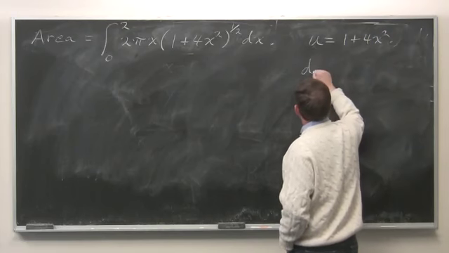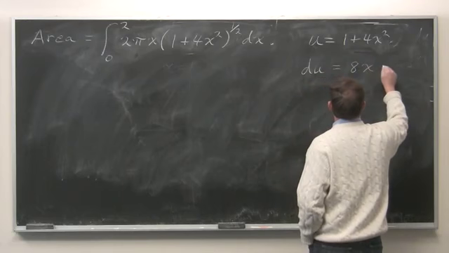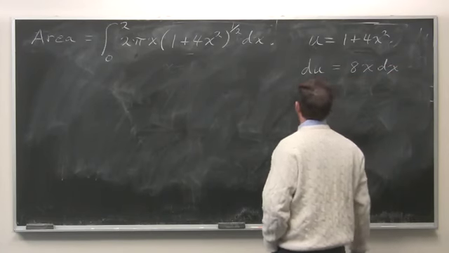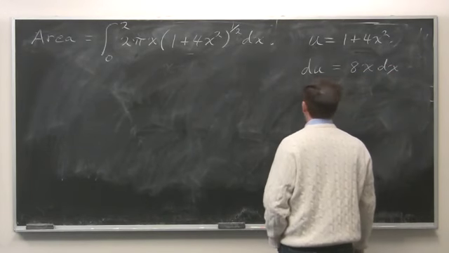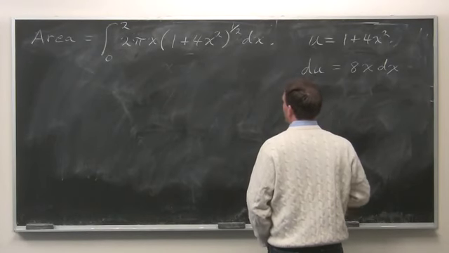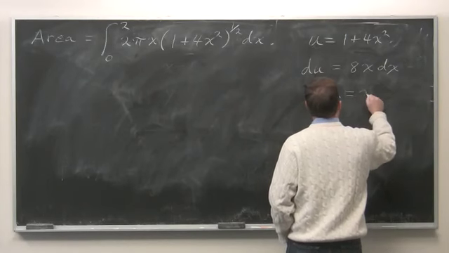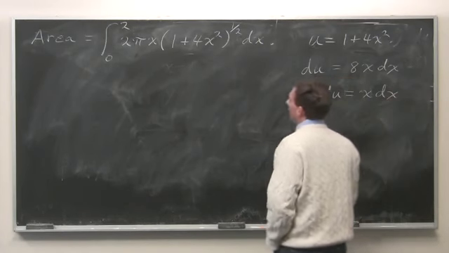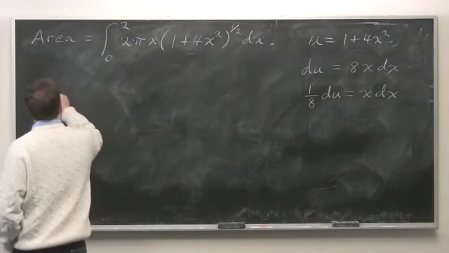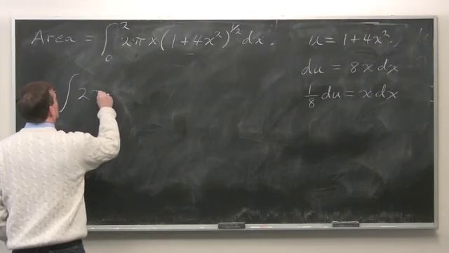That means du is the derivative of this times dx, so it is 8x dx. So if you want, you could just divide by 8, although really we could divide by 4 and absorb the 2, but it doesn't matter. We get 1/8 du is x dx, and this integral becomes, all right, we have to calculate our new limits of integration, 2 pi.